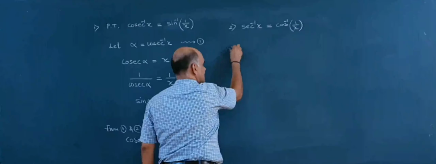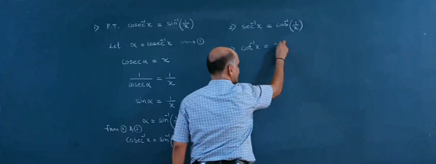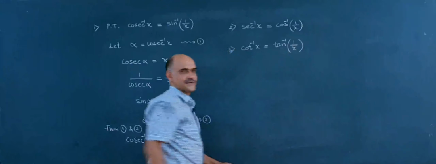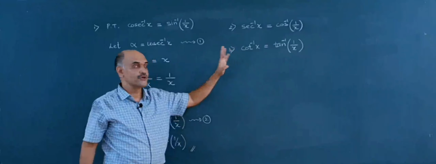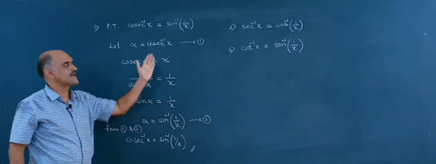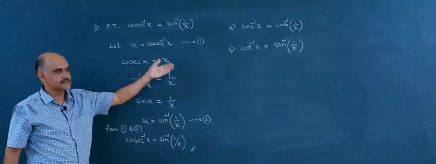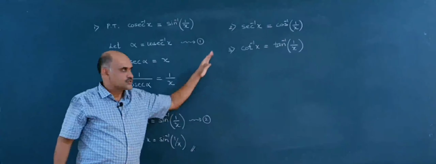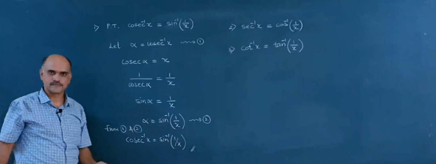Similarly, third one, cot inverse x, I can write it as, very good, tan inverse 1 by x. So again you can pause the video and solve these two on your own. Same method: alpha you take as secant inverse, you send it to the LHS and simplify. Same method you try these two. So these are all the formulas we require to solve the problems.